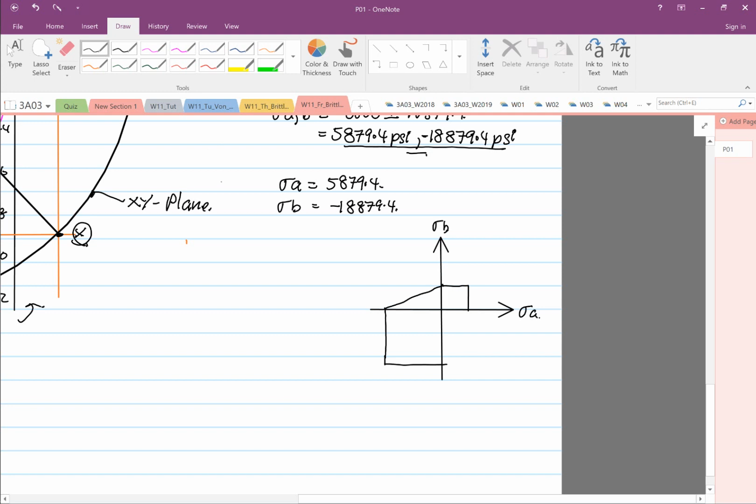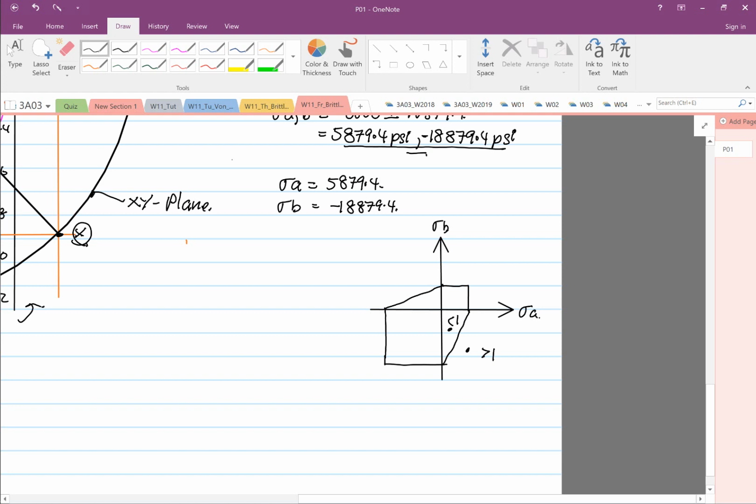So we want to find our situation, is it in here or outside here? When it's outside here, it means the condition is greater than 1. If it's inside here, our condition is less than 1, right?